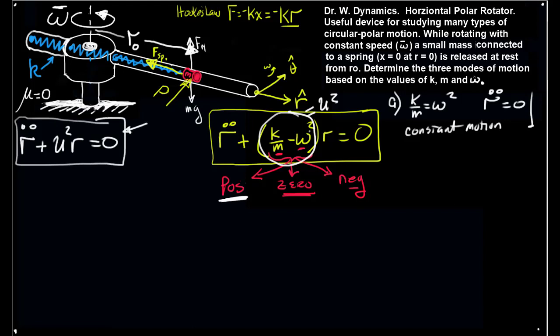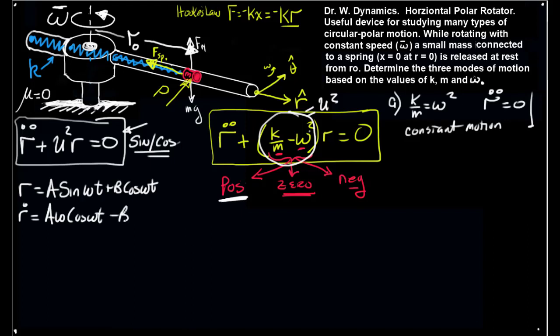And we should recognize this as a classic sine cosine type solution where r is some A sine of omega t plus B cosine of omega t. r dot would be A omega cosine of omega t minus B omega sine of omega t. And r double dot would be minus A omega squared sine of omega t minus B omega squared cosine of omega t. So let's check it.